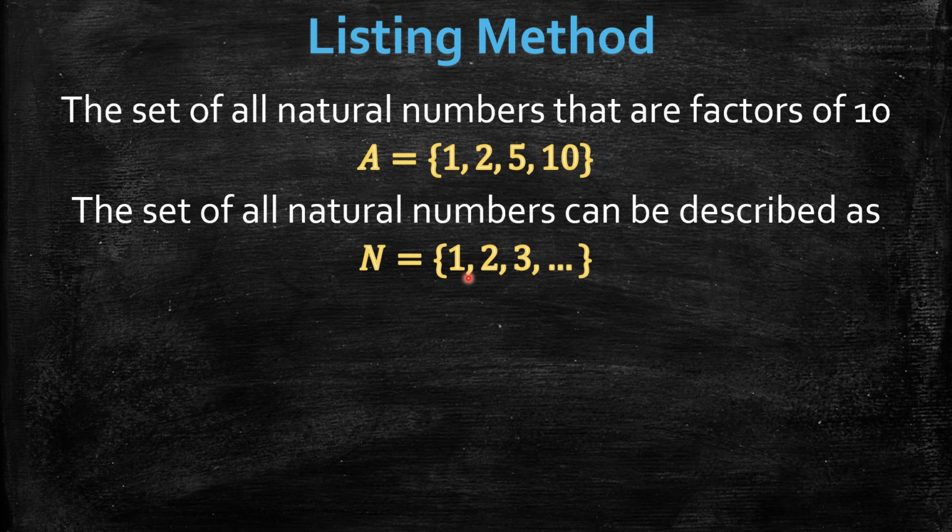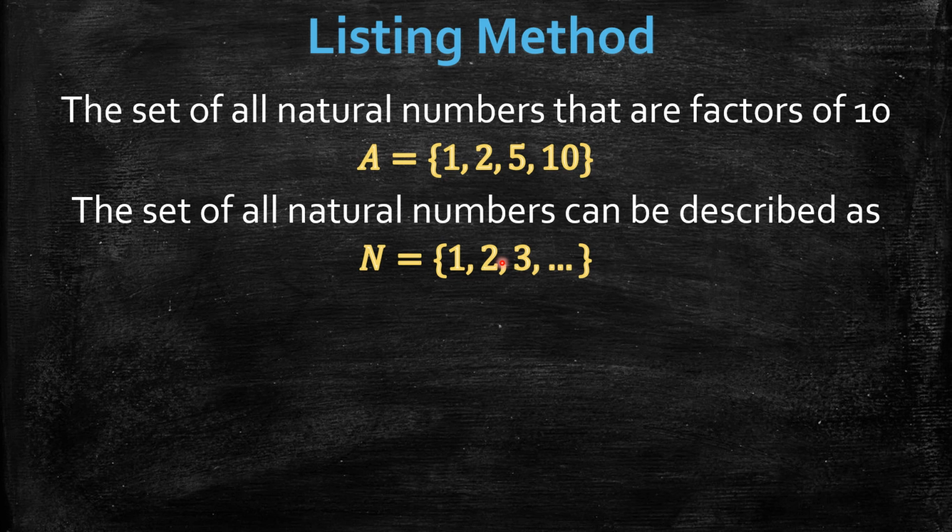You can see the next element is obtained by adding 1 to the previous one. So if you add 1 to 3, you will get 4. The next element will be 4. You just have to mention enough elements by which you can know what the pattern is.